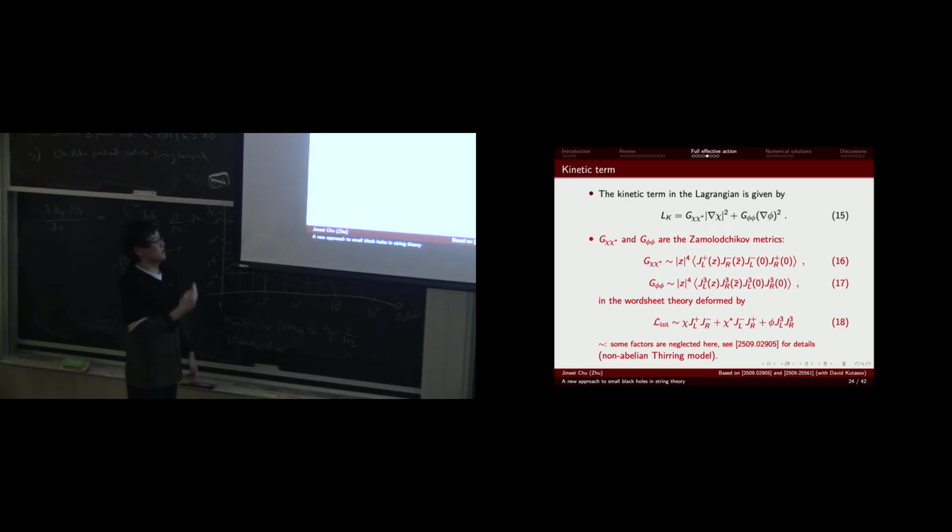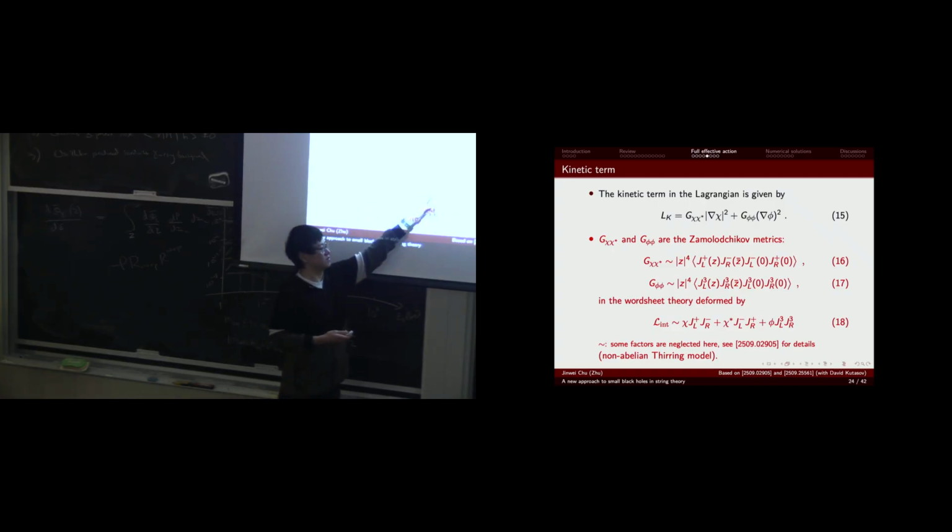And this two-point function is not in the original SU(2) theory, it's in the theory deformed by chi and phi. So the deformation to the worldsheet Lagrangian is this form. For example, we have this term: the perturbation of chi is given by this chi times its vertex operator.